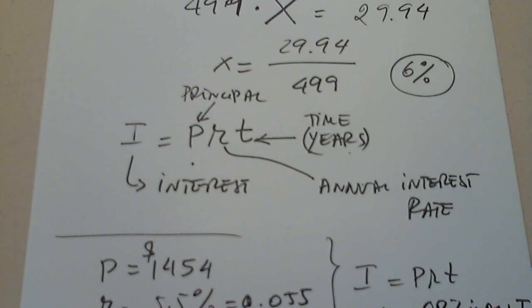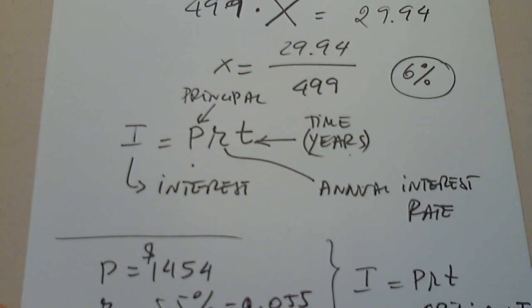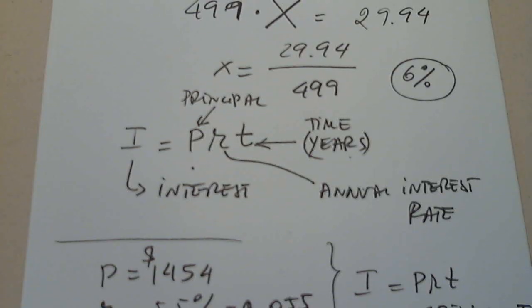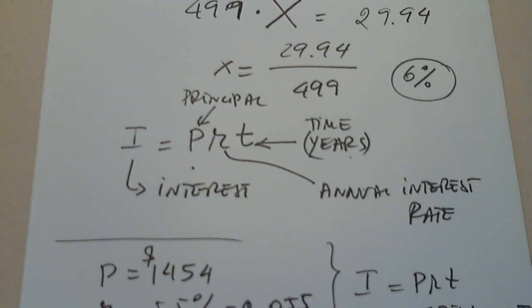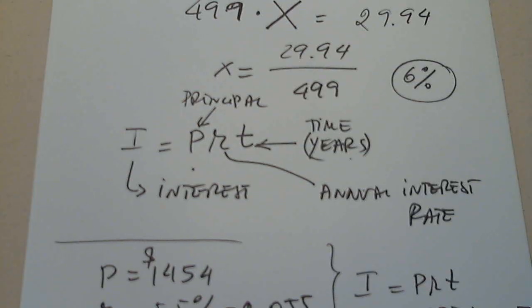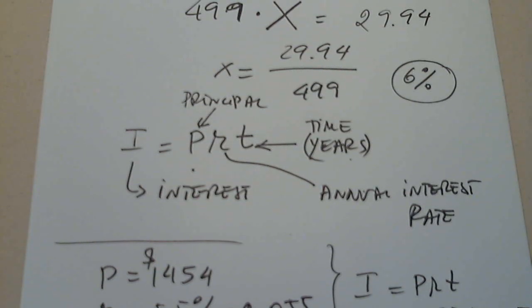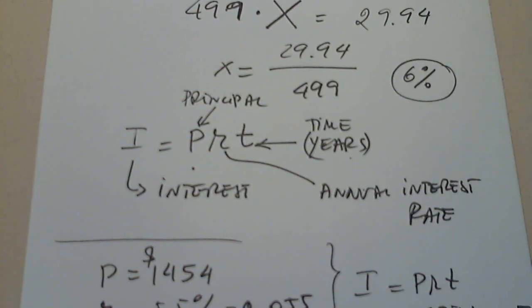So can anyone give us the I? The principal, 1,454, multiplied by 0.055 and times 4 years. Can anyone give us I? The interest. And that is the amount that we will have to add to the principal. $319.88. I have no idea, I didn't calculate anything. I hope you are correct.